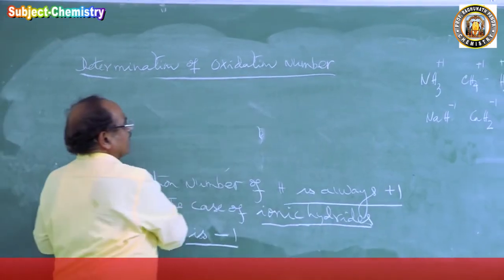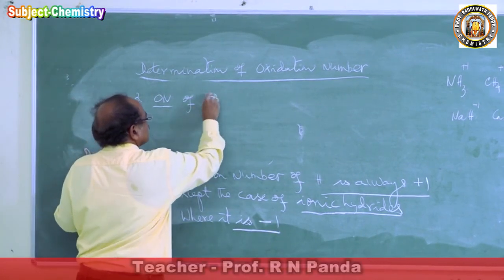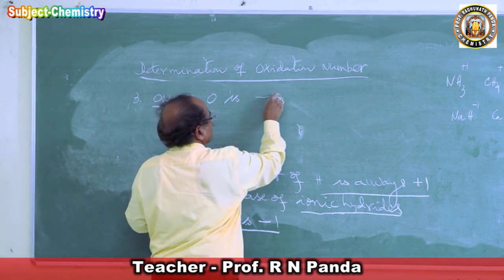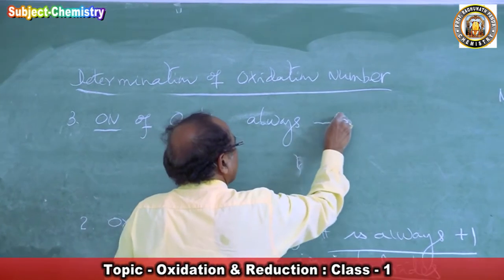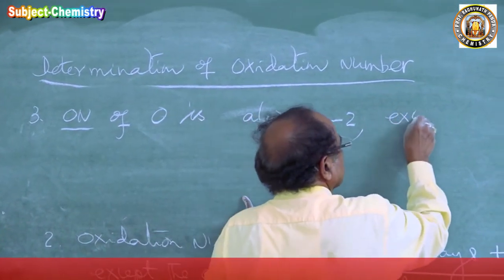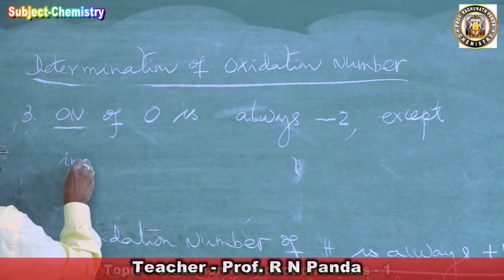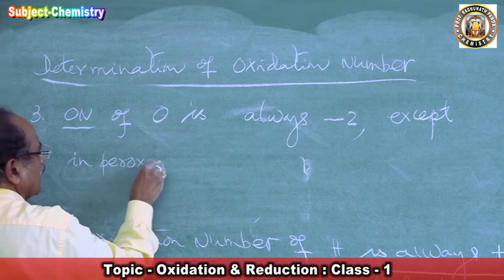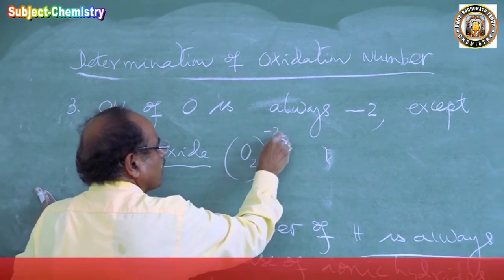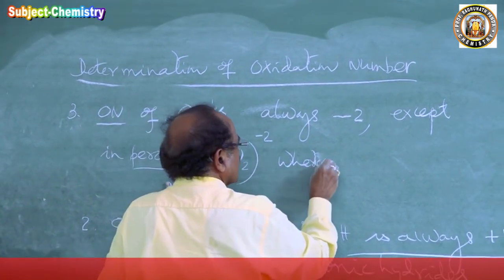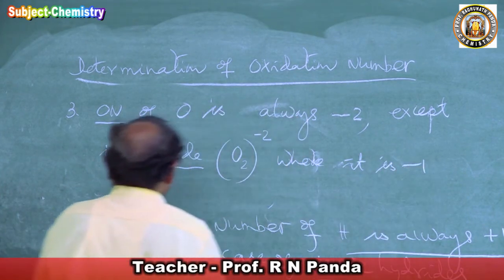Similarly, another standard value is the oxidation number of oxygen, which is always -2, except in peroxide, O2 -2, where it is -1.